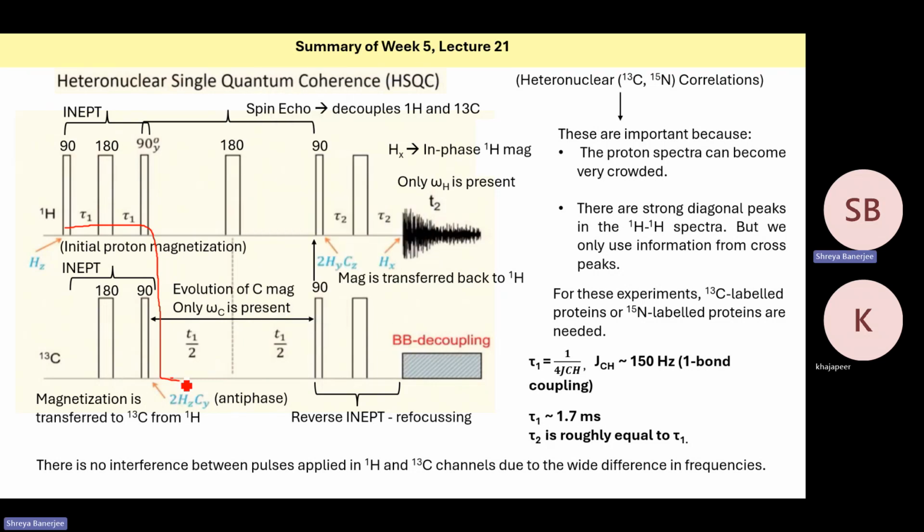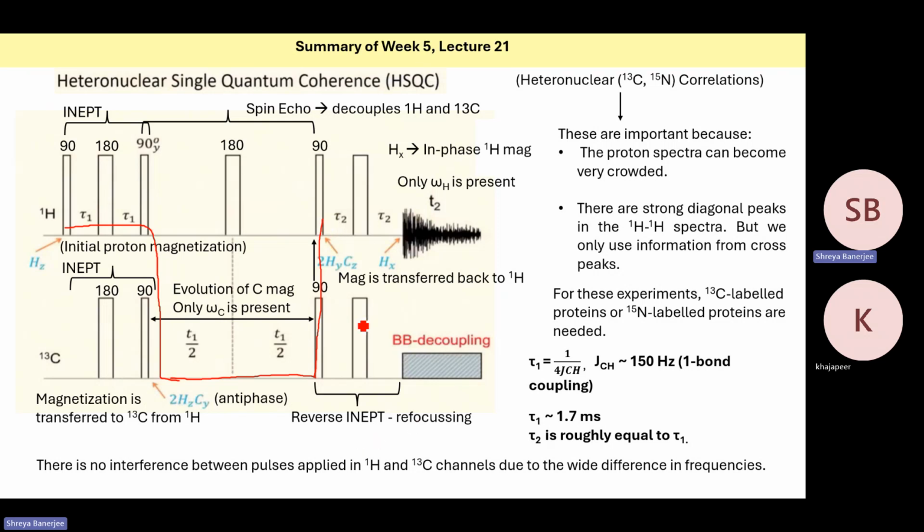As the t1 time goes, the C magnetization is precessing in the transverse plane up till this point, where you apply another 90-degree pulse on both 1H and 13C. And what this 90-degree pulse does is transfer the magnetization back to the 1H channel.